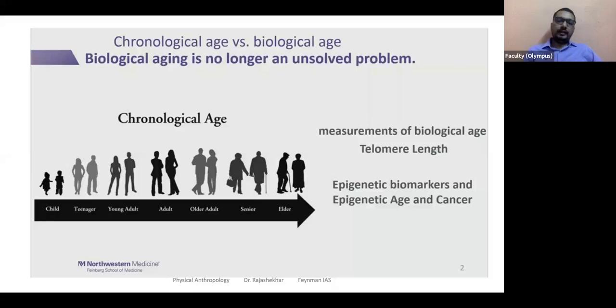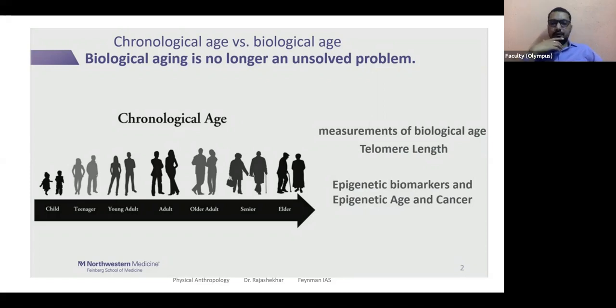So telomere length is an example for calculating this, and there are other epigenetic biomarkers. Epigenetic. What is an epigenetic biomarker? Do you remember? I think I was discussing it in the last class or a class before, with respect to one of the topics, and also we discussed this during the paper discussion.